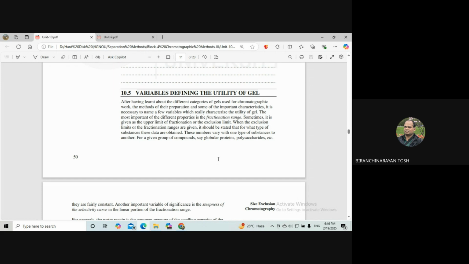These numbers vary from one type of substance to another. For a given group of compounds, say globular proteins, polysaccharides, etc., they are fairly constant. Another important variable is the steepness of the selectivity curve in the linear portion of the fractionation range. For xerogels, the water regain is the common measure of swelling capacity of the gel.